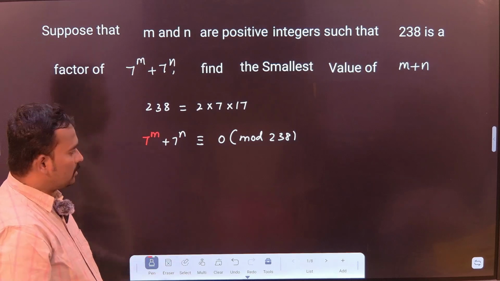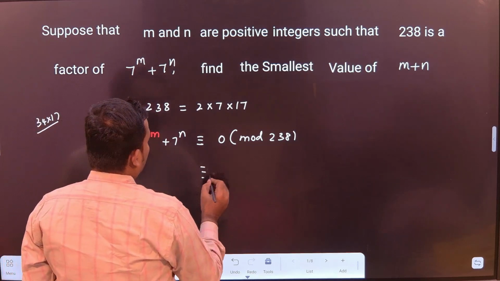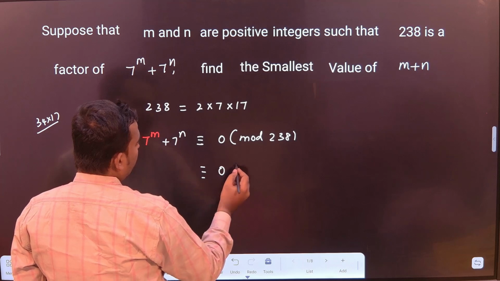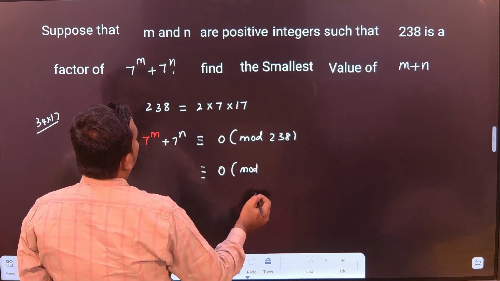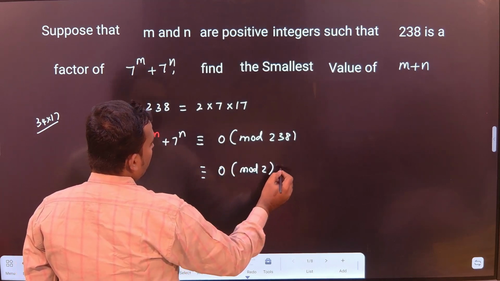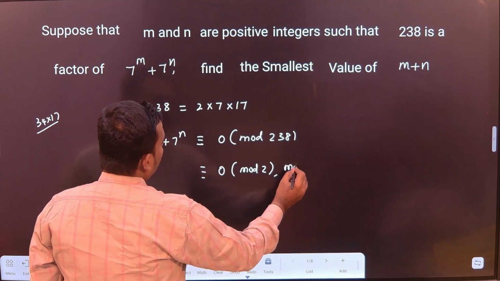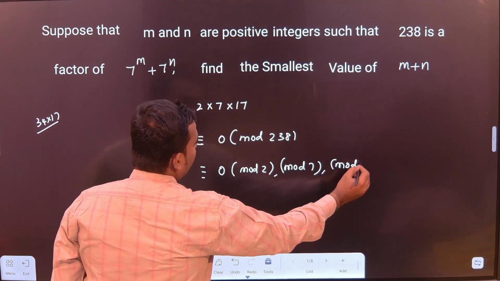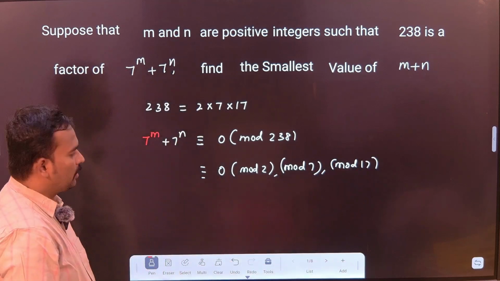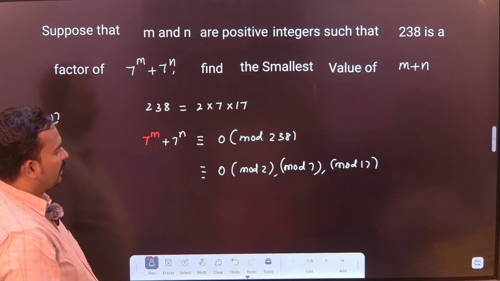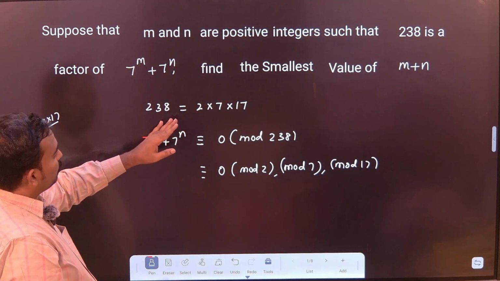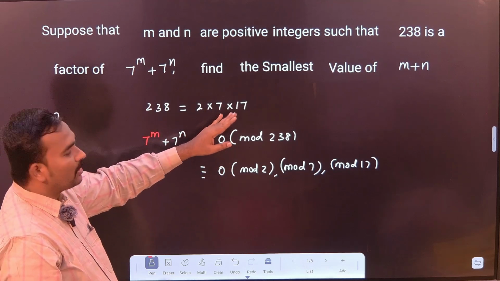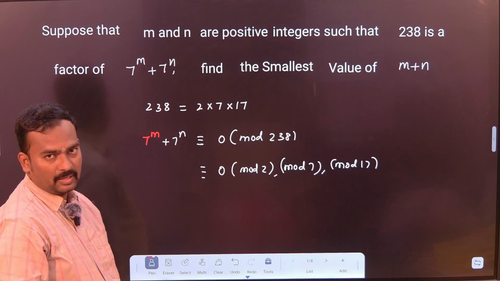It is the same as being congruent to 0 modulo 2, modulo 7 and modulo 17, because if 238 is a factor, then 2, 7 and 17 should each be a factor.